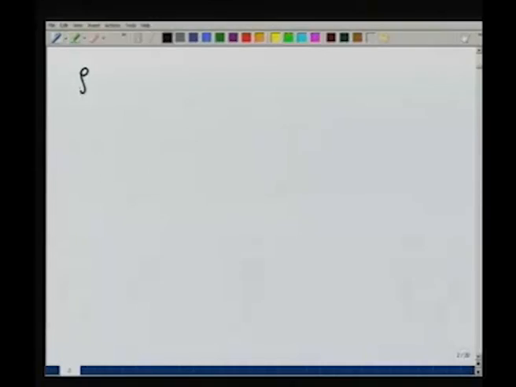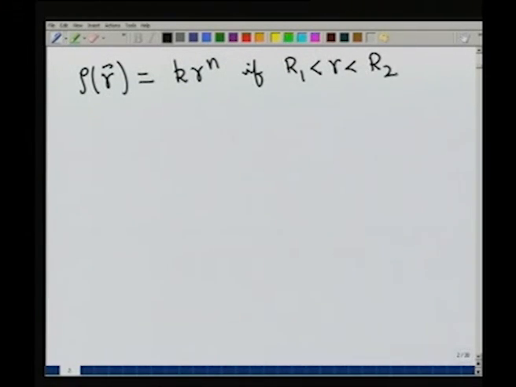I was illustrating the latter situation where there is a symmetry, and the problem that I gave you was a very interesting one, namely rho of r is nothing but k r to the power of n if r1 is less than r less than r2. So, what we have is two spheres of radius r1 and radius r2.